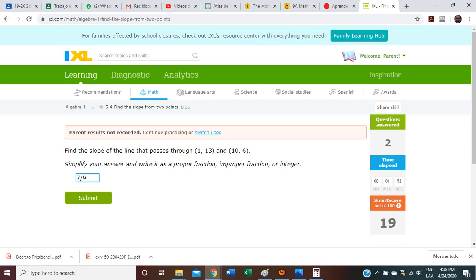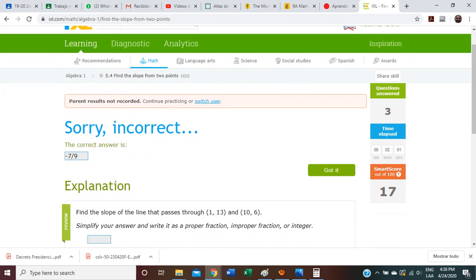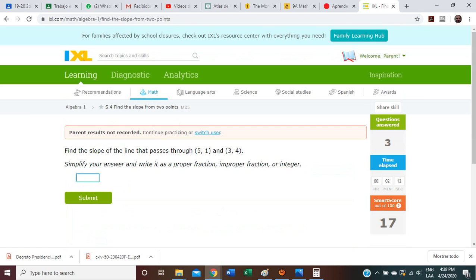So I can erase both symbols. 10 minus 1 equals 9, positive 9. You got it, right? Okay, let's do another one. 4 minus 1 equals 3, divided by 3 minus 5 equals negative 2. When you get this, remember, always put the negative symbol at the beginning.